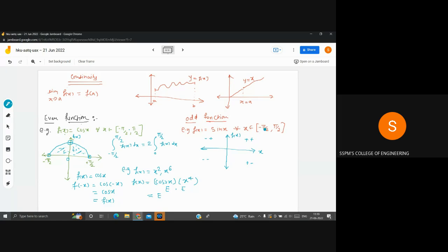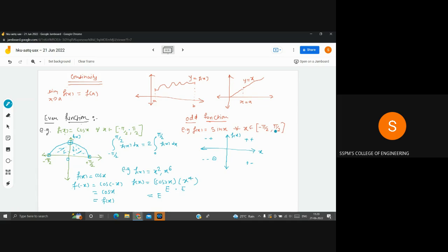So when you substitute x as minus pi by 2, sin of minus pi by 2 is -1, you will get that point in the third quadrant because both are negative. X negative, y is also negative.